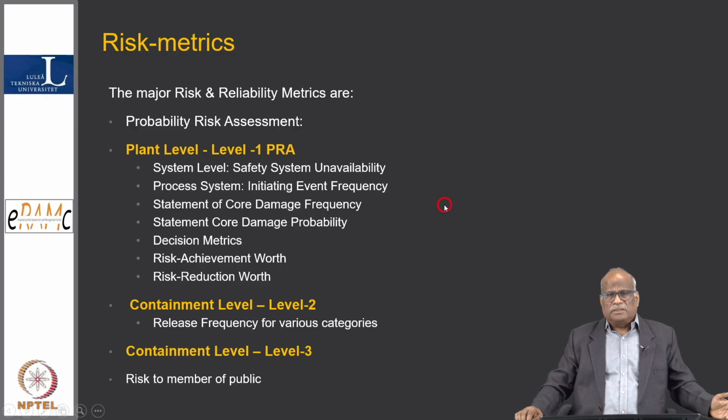If I have to select between two plants, taking into account the uncertainties involved, I can take a decision, and this decision will be called a risk informed decision, because you got a risk input, and then you took that decision.